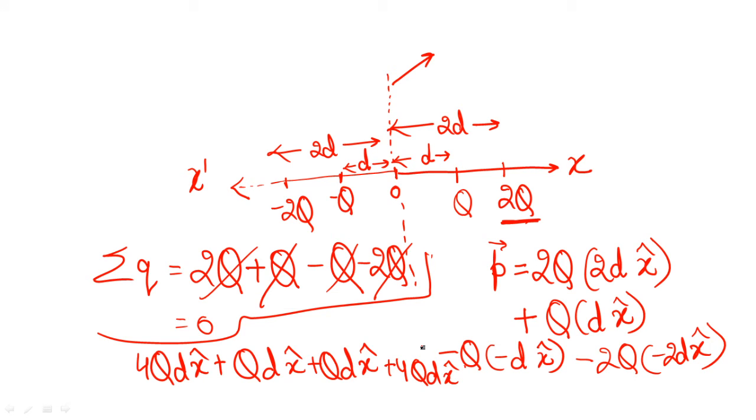Done. That's what you are going to get. And when you get it in this manner, you get a non-zero value. When it is a non-zero value, it is a dipole.